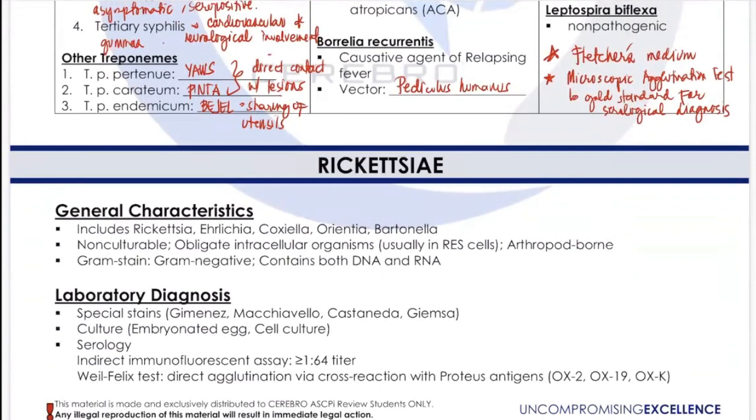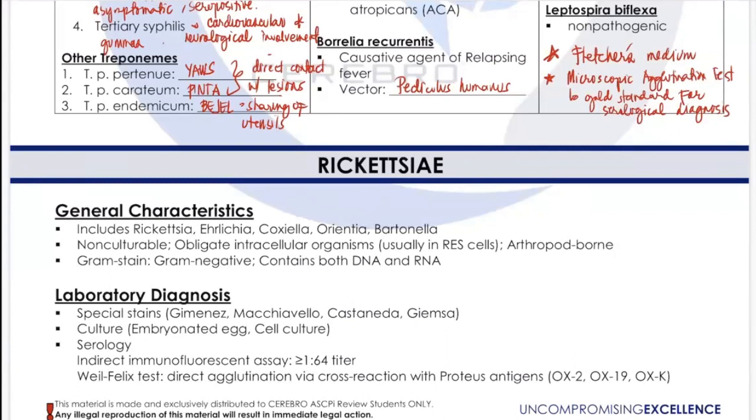Okay, so these organisms are non-culturable with our usual artificial media because they are obligate intracellular organisms. And so they are somewhat similar to viruses. However, in contrast to viruses, Rickettsia, Mycoplasma, and Chlamydia contain both DNA and RNA, because viruses can only have either DNA or RNA.